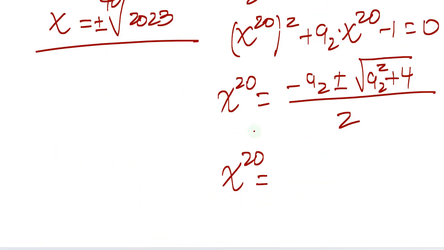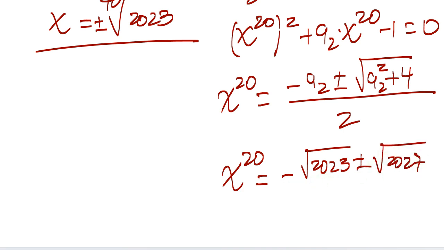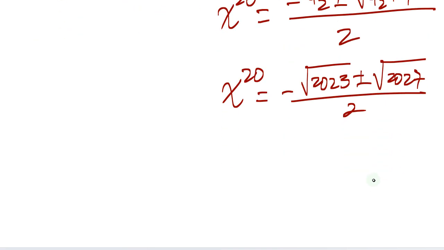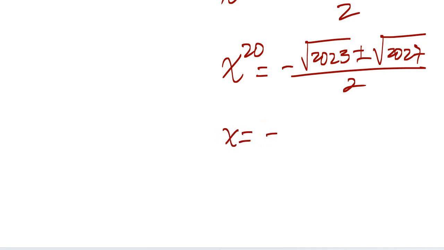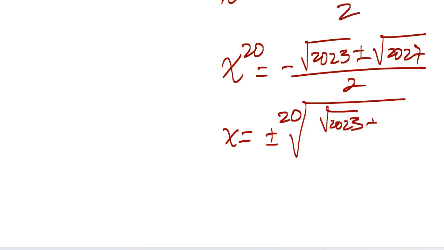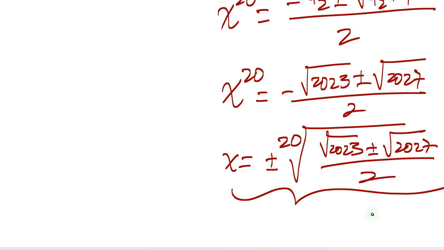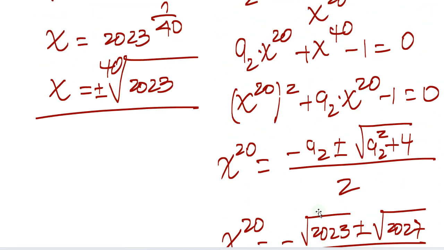So we're going to have minus the square root of 2023 plus or minus the square root of 2027, all divided by 2. So the other values of x are going to be plus or minus the square root here, and we put here the 20th root. So we have 2023 plus or minus square root of 2027, all divided by 2. So guys, you can see that in both methods we get the same solution.